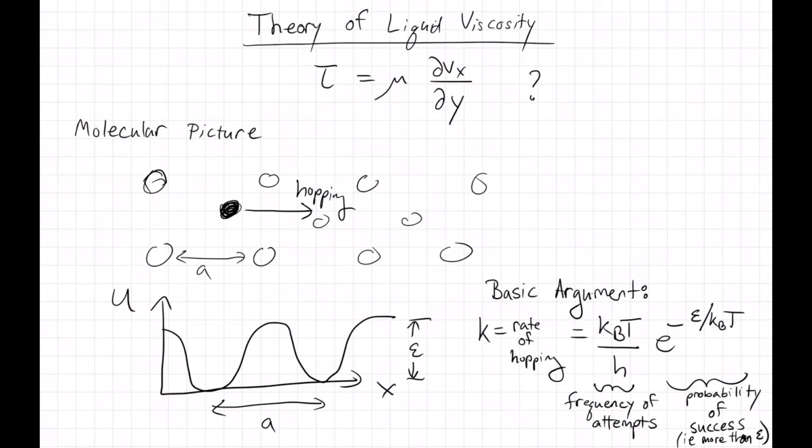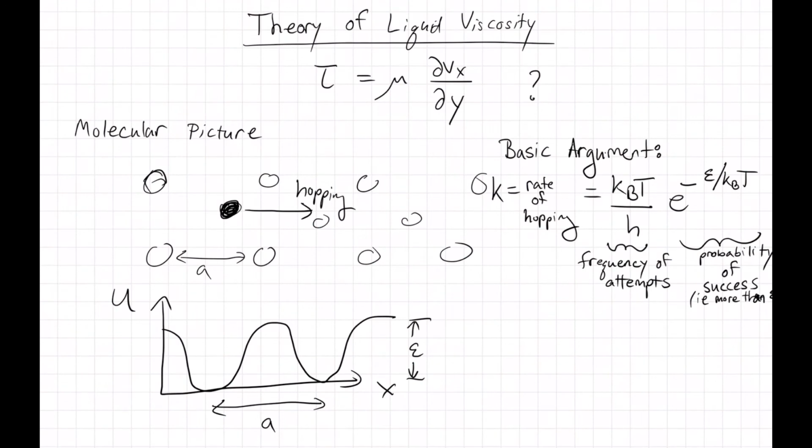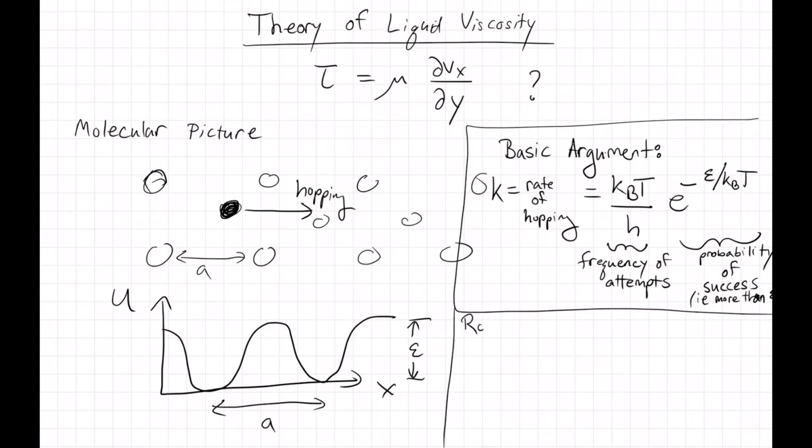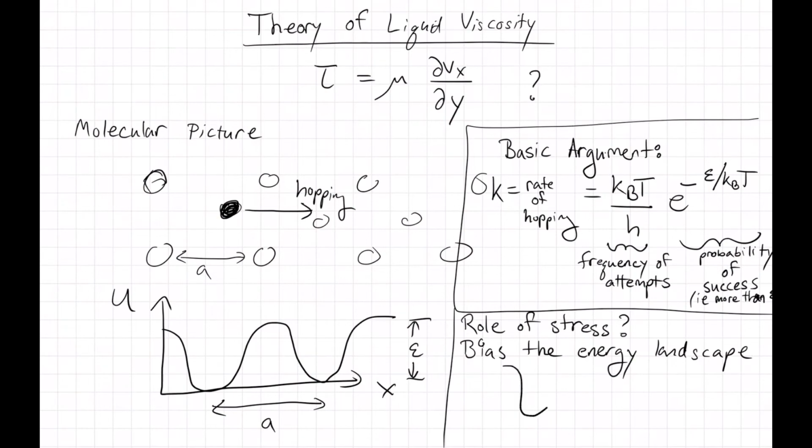The second part of that is to understand what happens when I add stress to the equation. The idea here is that the role of stress is to bias transport in the forward direction. You're applying forcing that preferentially gives energy to things when they move in the forward direction, and preferentially takes away energy by doing work when a molecule tries to move in the other direction.